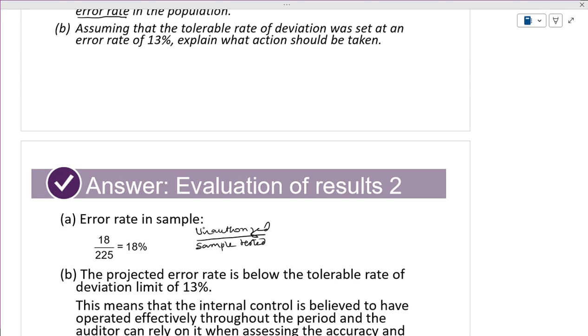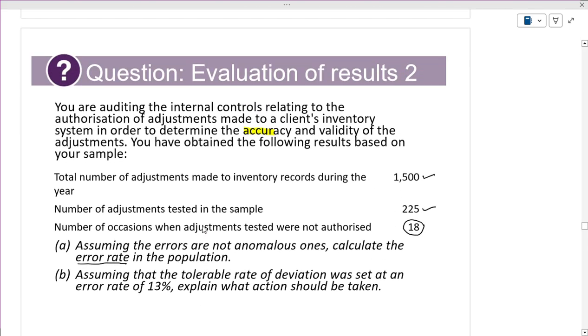Check again how much you will get. Take the calculator: 18 divided by 225. It's 8%.